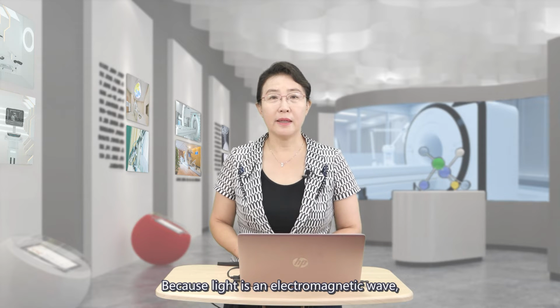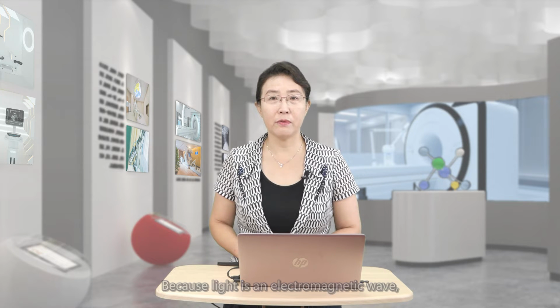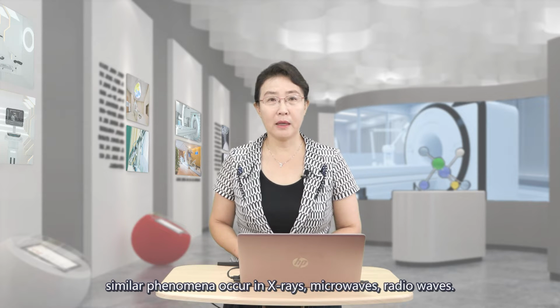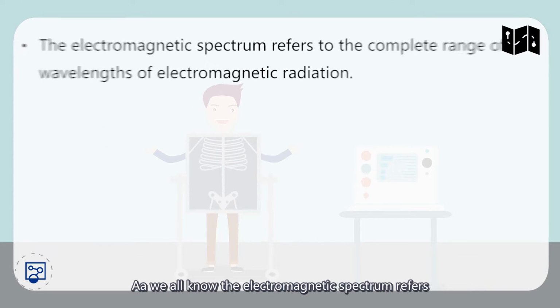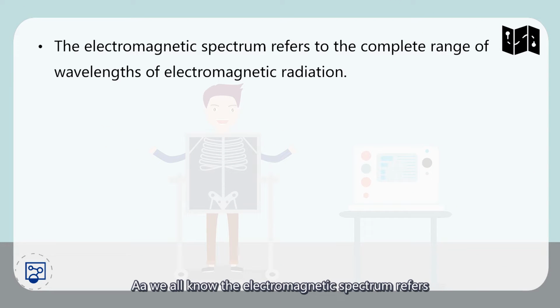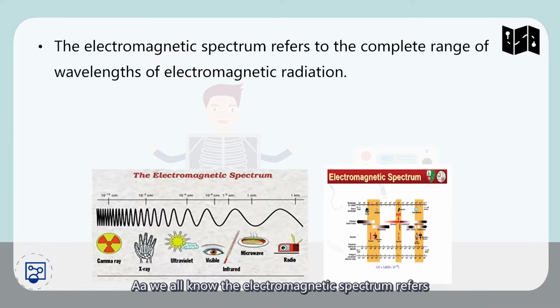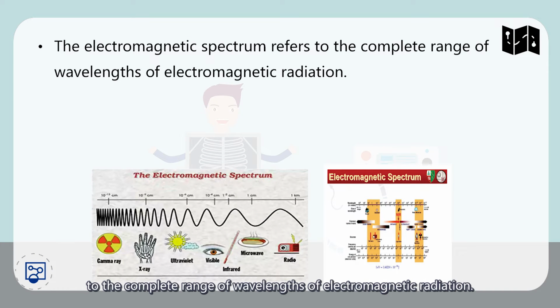Because light is an electromagnetic wave, similar phenomena occur in X-rays, microwaves, and radio waves. As we all know, the electromagnetic spectrum refers to the complete range of wavelengths of electromagnetic radiation.